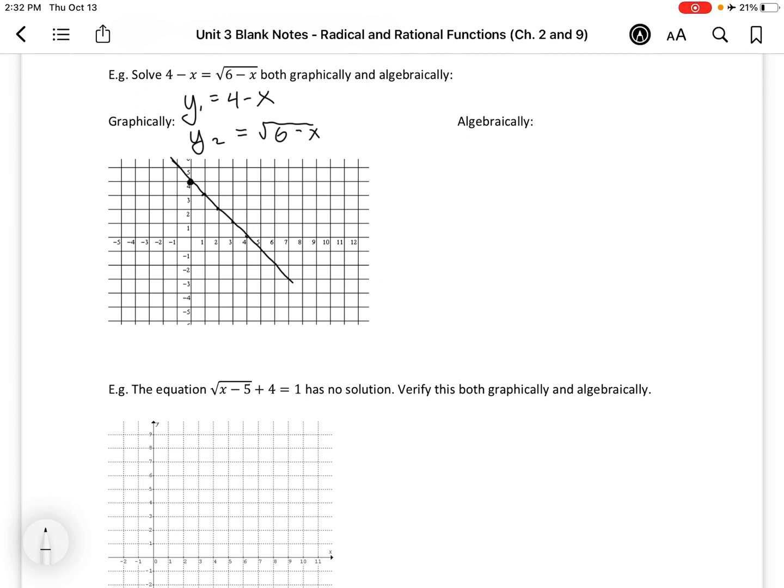y2, well, we have to do a little bit of work here because to figure out the transformations that have occurred to my base function of y equals the square root of x, I need to rewrite this with the coefficient of x being 1, because then I can figure out that b value, and I can also figure out my horizontal translation.